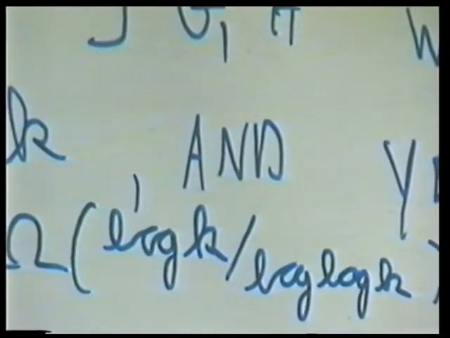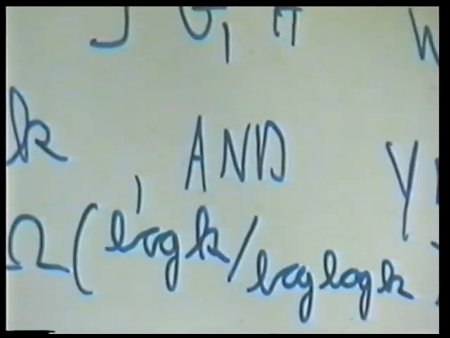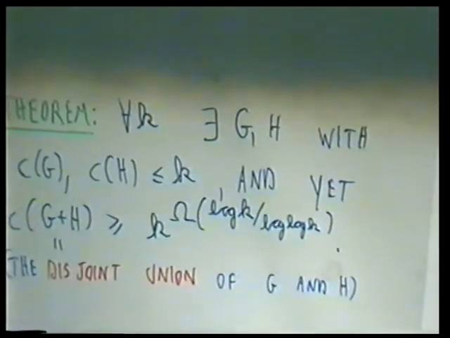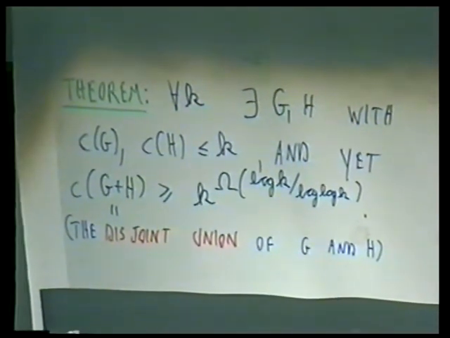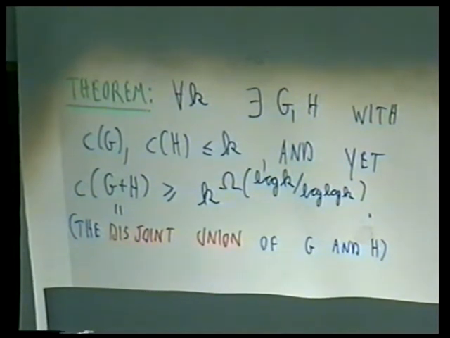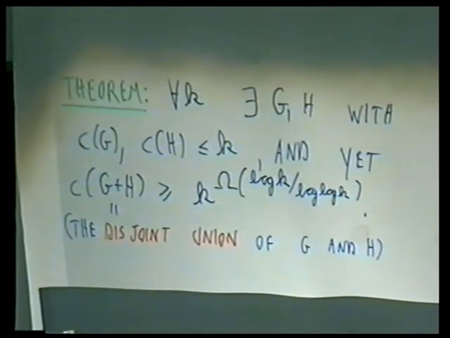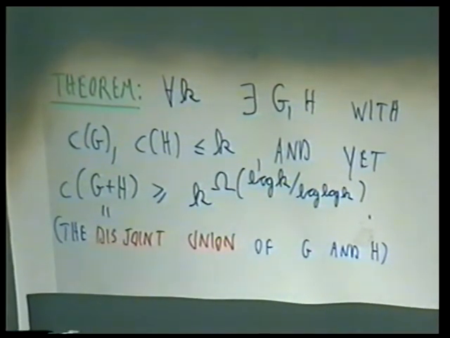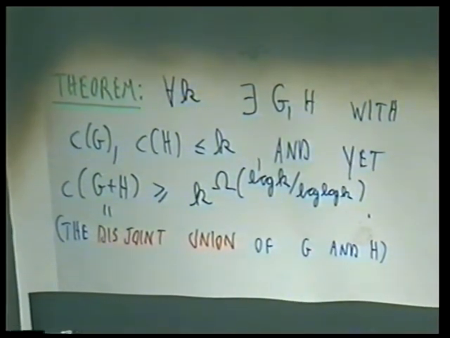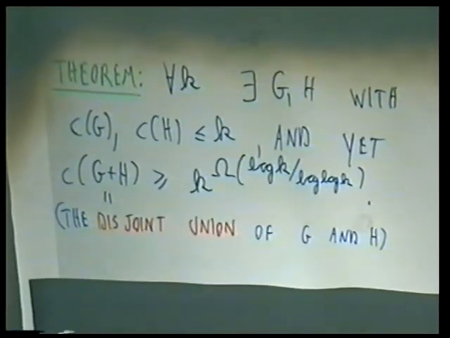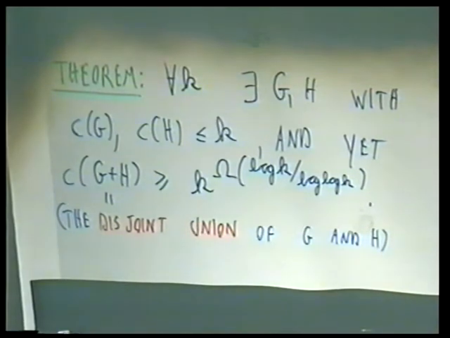What it gives is that we can find two graphs, G and H, some construction, or family of pairs G, H, so that the Shannon capacity of G is small and the Shannon capacity of H is small, but if we take their disjoint union, then the Shannon capacity of the union is very big, much bigger than the sum. Shannon proved actually that the capacity of the union is always at least as big as the sum of the capacities, and equality holds in many cases.